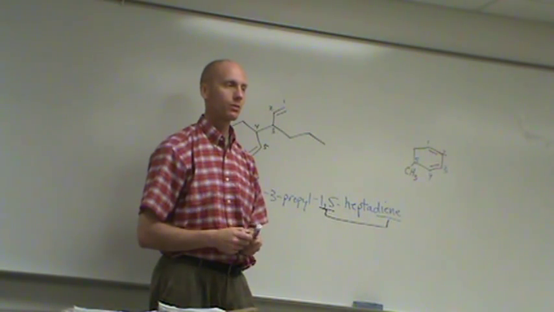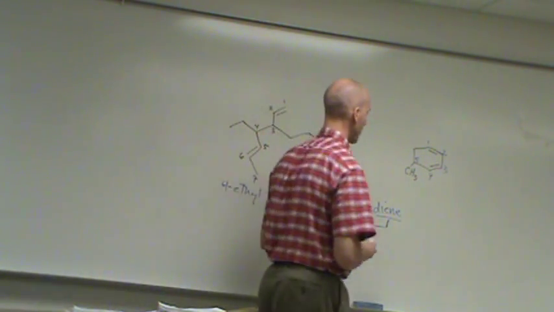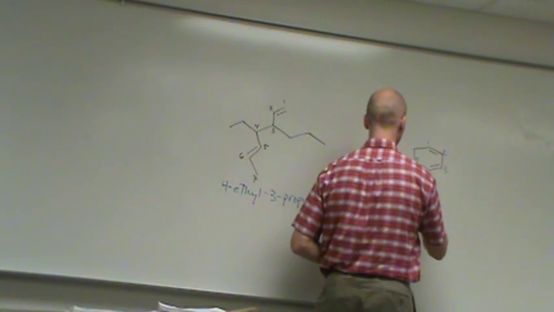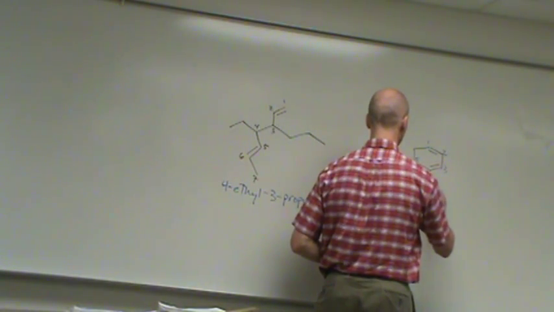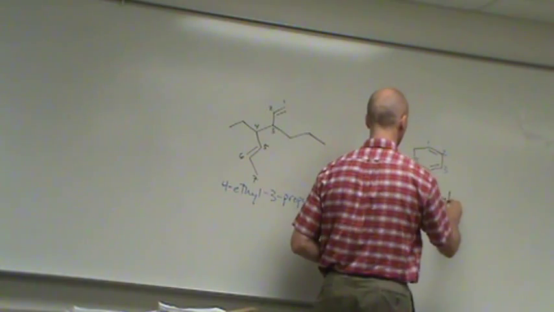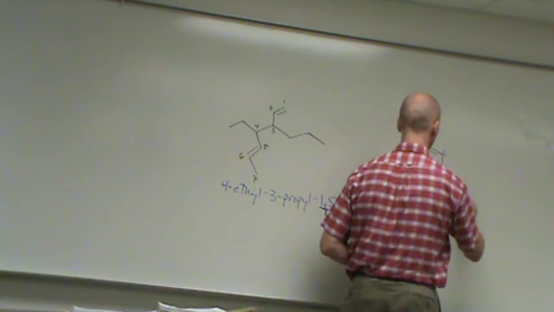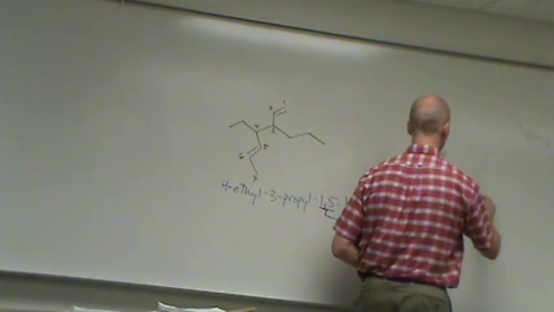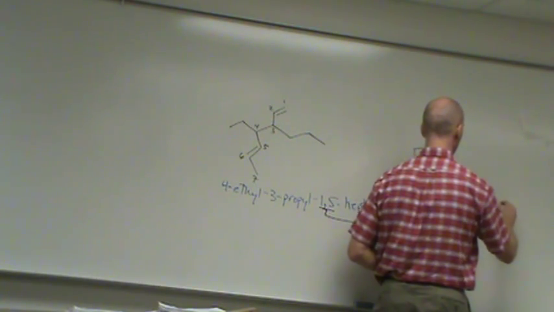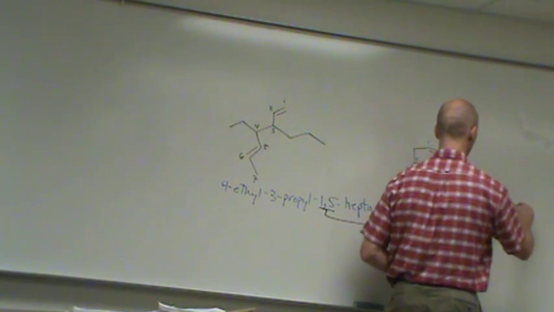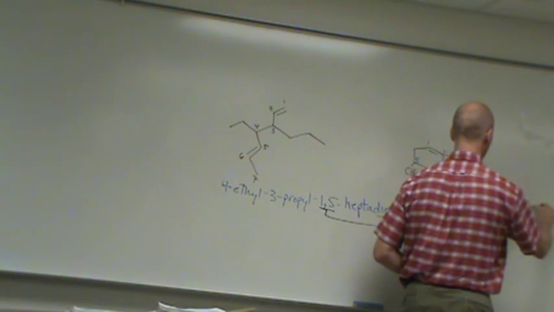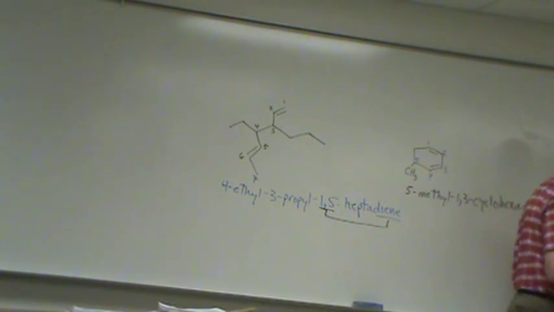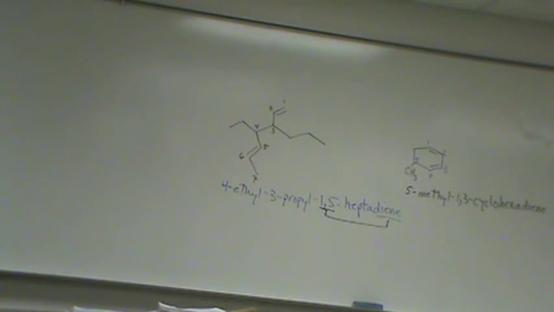So this becomes 5-methyl-1,3-cyclohexadiene. Got to number through the double bond.